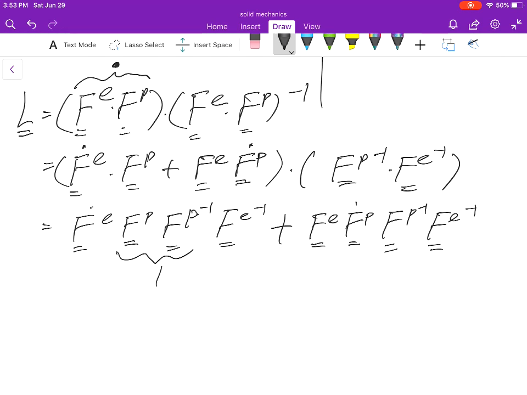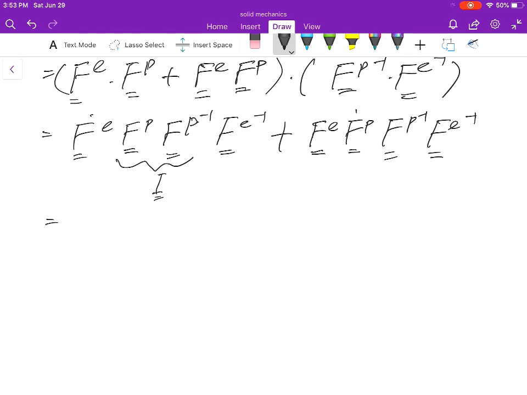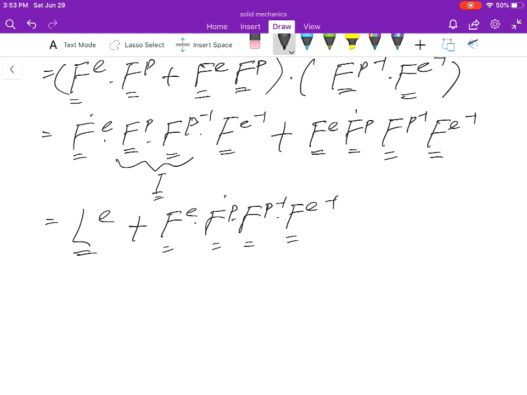And further, we can write this as this, where we define this elastic part of the velocity gradient tensor as this.